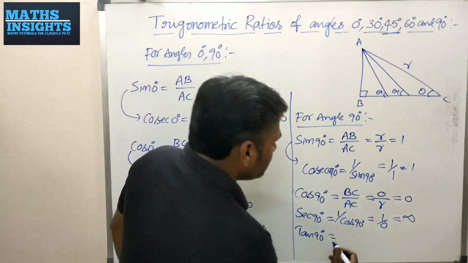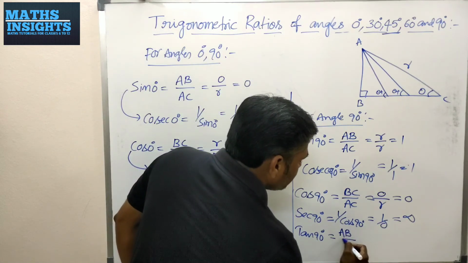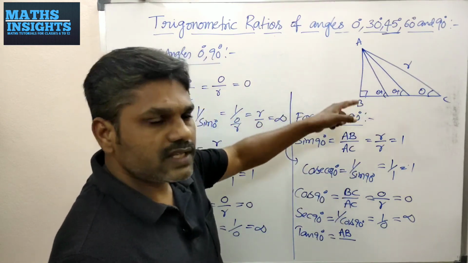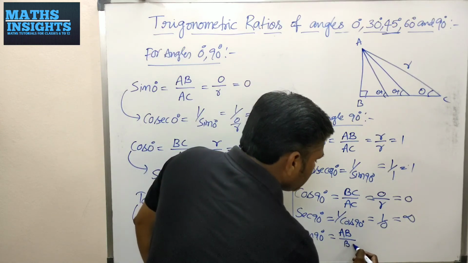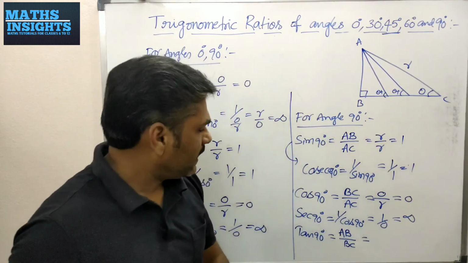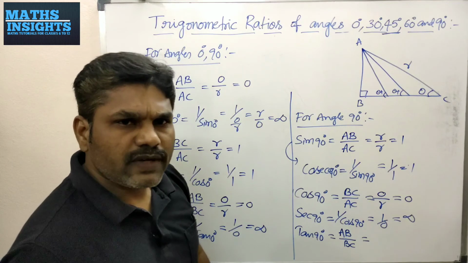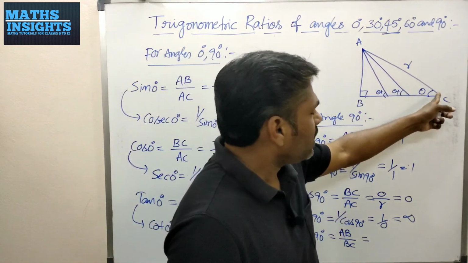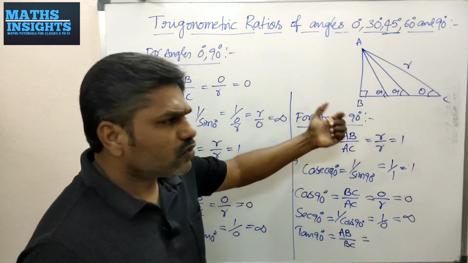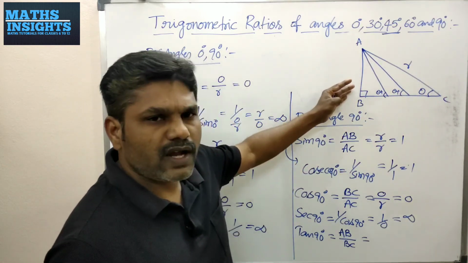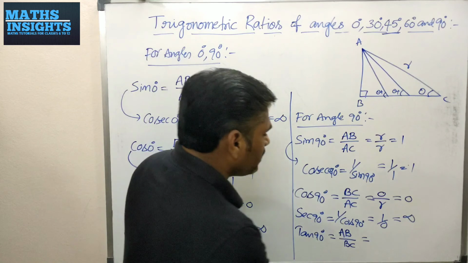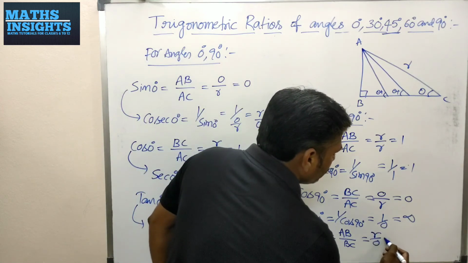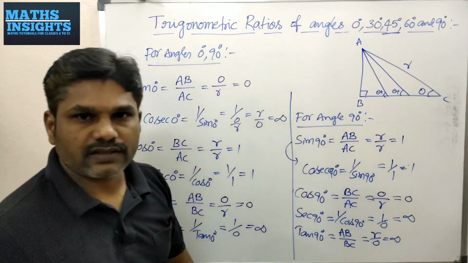Therefore the definition for tan theta is side opposite to theta, that is AB, by adjacent BC. AB value will become r. Why? Because this hypotenuse comes close to AB and finally coincides. Therefore r by 0, which is undefined.